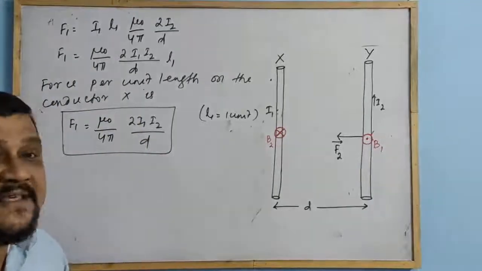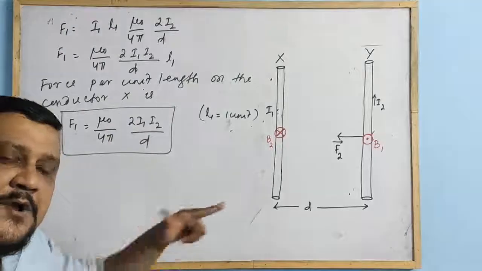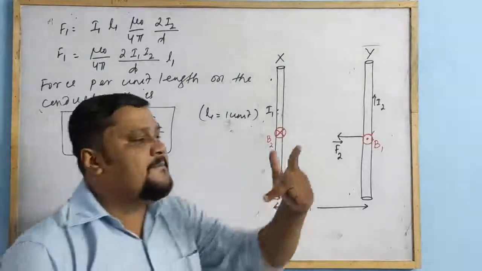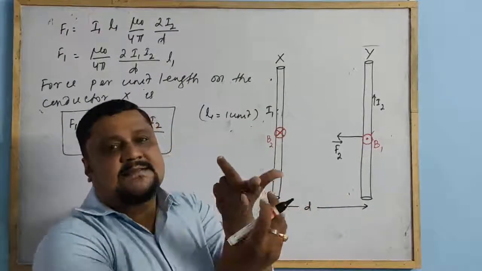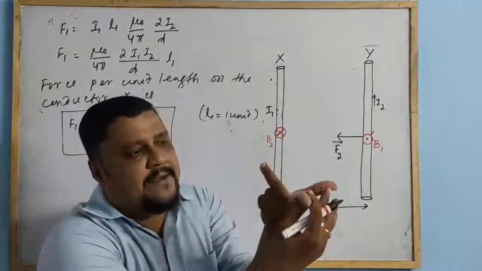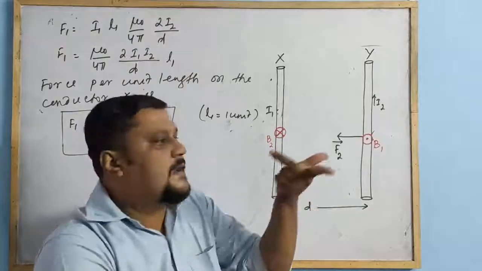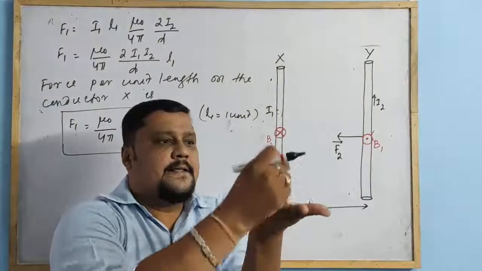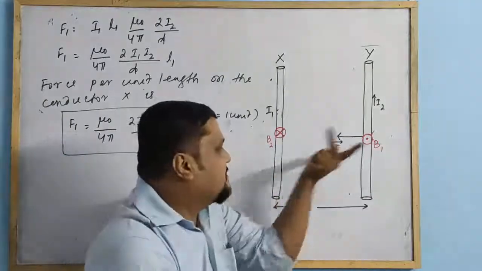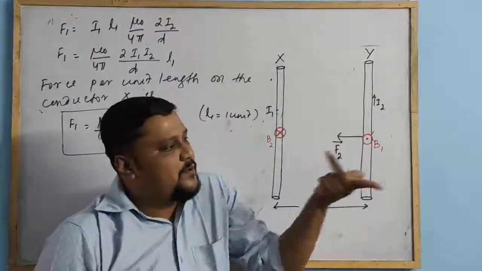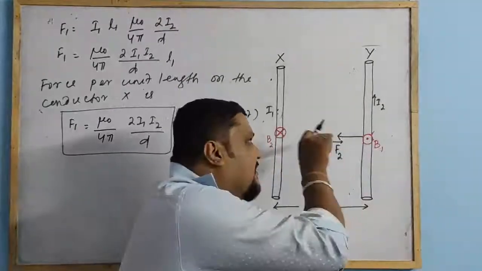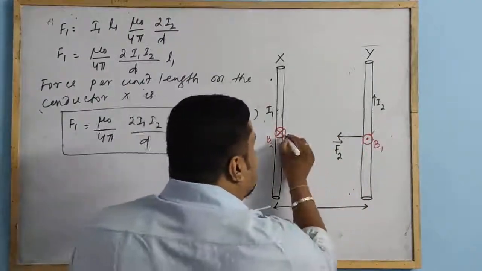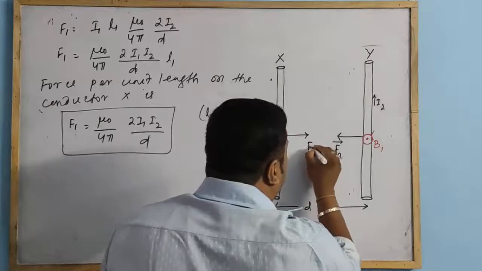Now the most important thing, what is the direction? According to Fleming's left hand rule, the magnetic field is perpendicular outward, and the current is in this direction. What is the force? Like this. The force is towards the conductor Y. This is the force F1.